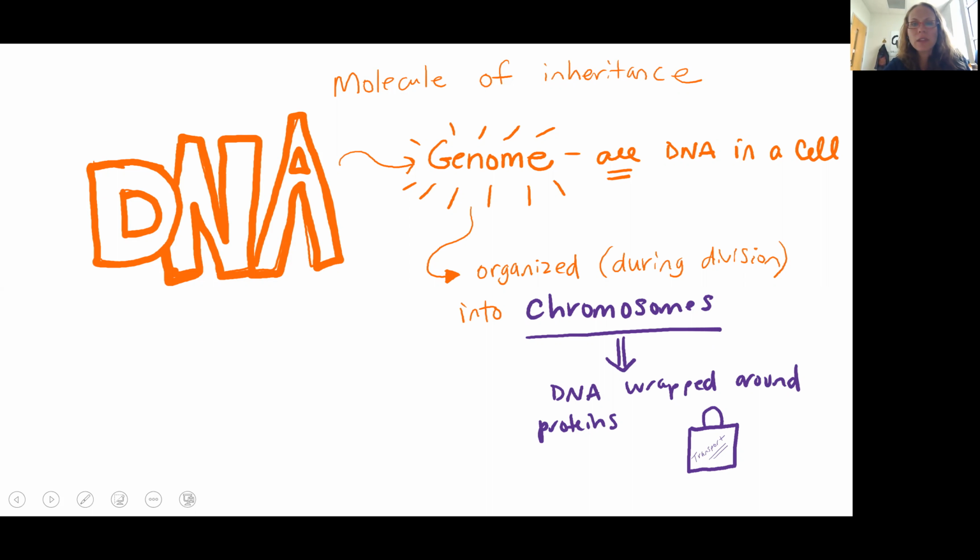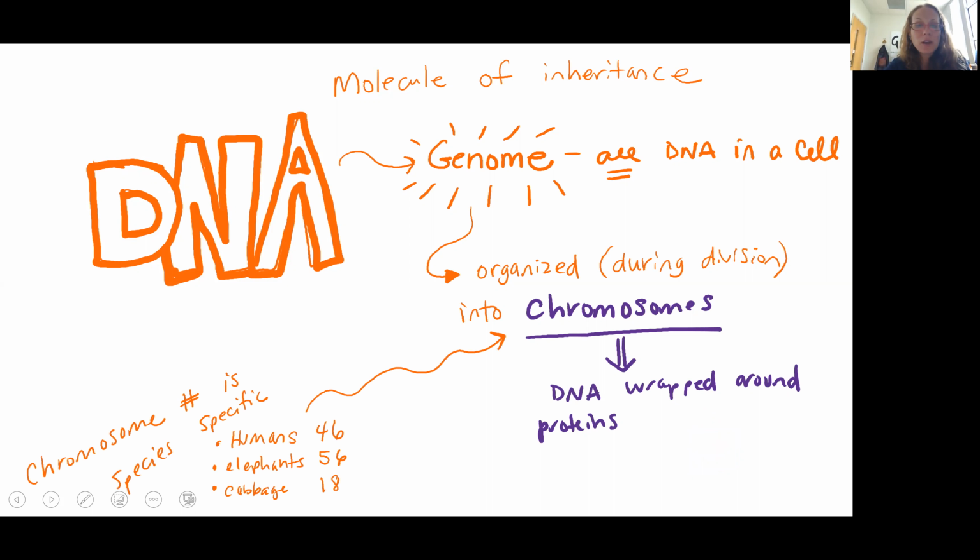The significance of this is we don't want to get it lost or damaged in the process of moving. Just like you box up all your worldly possessions when you move from one apartment to another, the cell is going to pack up all of its DNA into this condensed form, wrapping it around the proteins, and we call that a chromosome. So we only see chromosomes in the cells that are dividing.